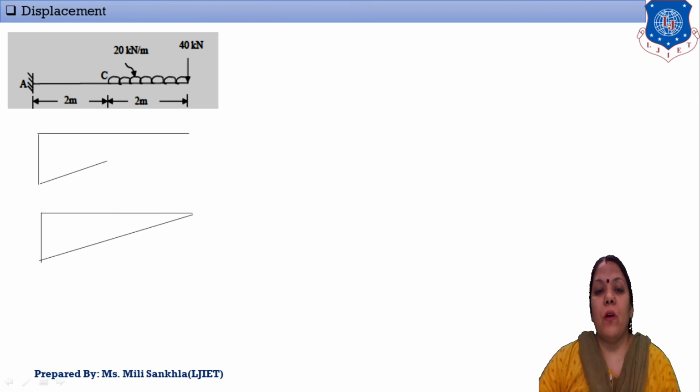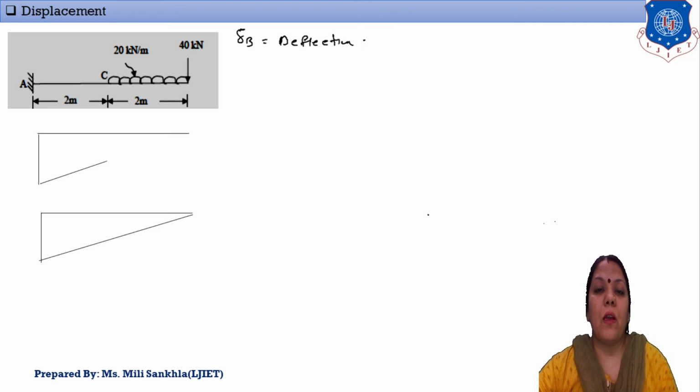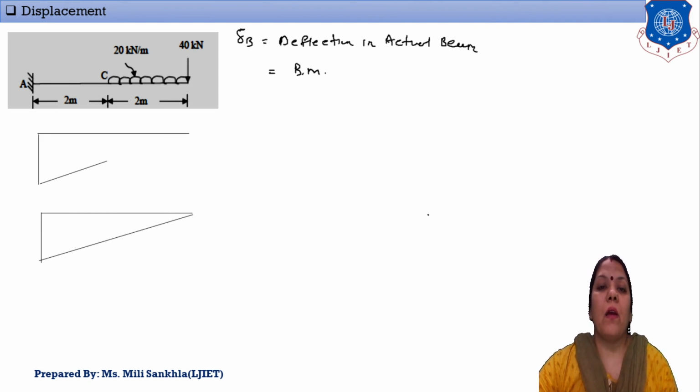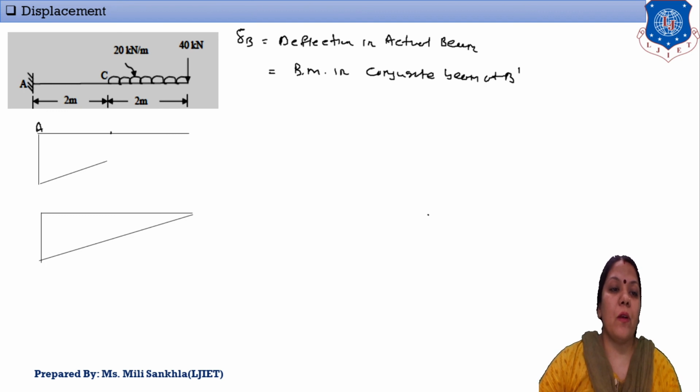First of all, del B is equal to deflection in the actual beam, which is equal to bending moment in the conjugate beam at B dash. Again we complete this: A point, C point, and this is our B point.